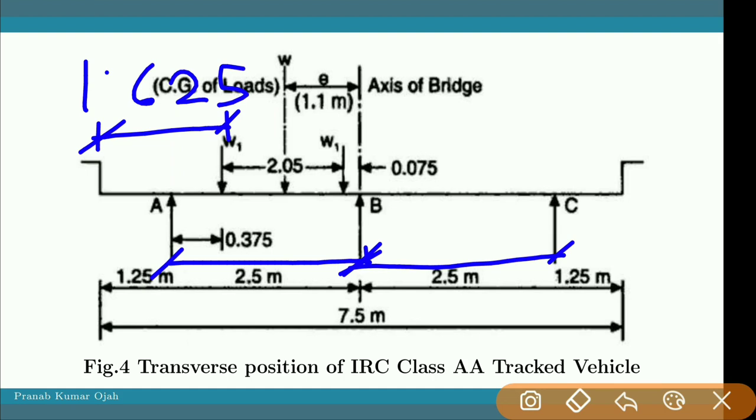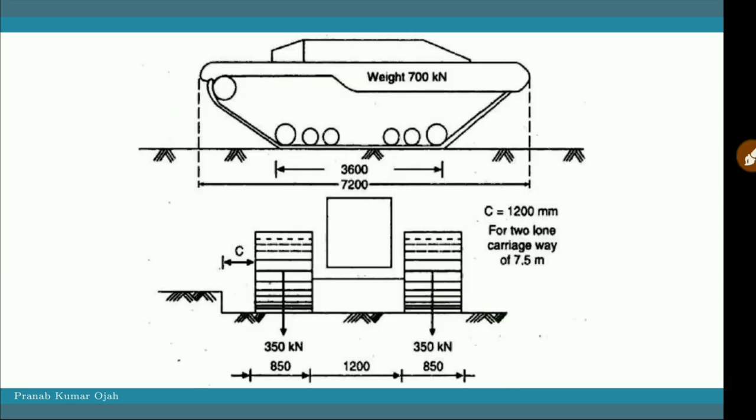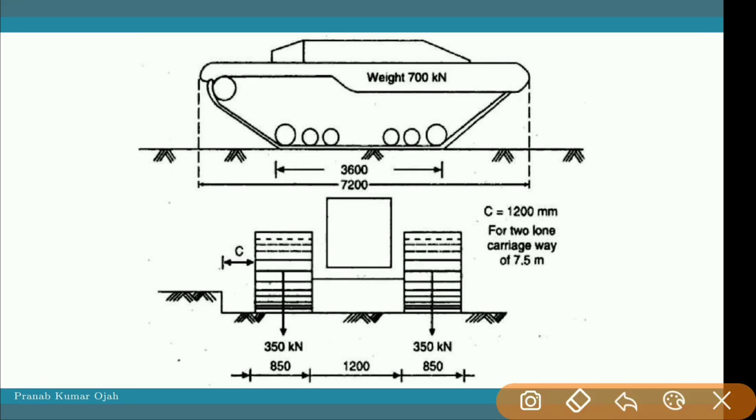By understanding this dimension, we can easily calculate the other dimensions we have used in this figure. Another important dimension you have to understand is the center to center distance between the two point loads. See here, the inner face to face distance between the two wheels is given, which is 1200.